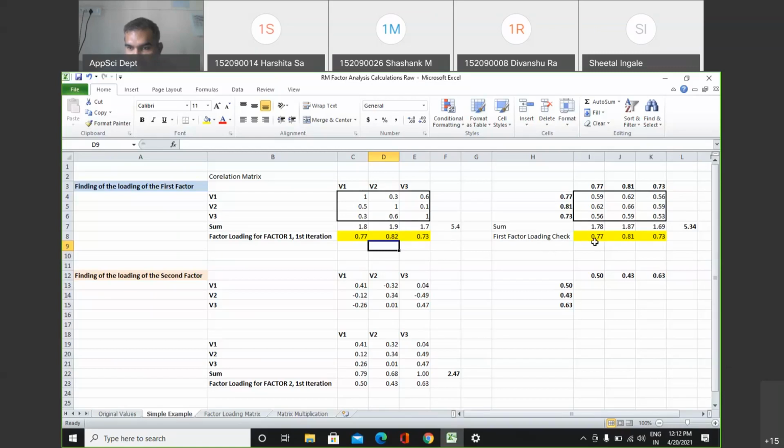Sir, how did we get the 0.81 in the second column? It is 1.87 divided by the square root of 5.34. Yes, that's what I am explaining. No, in the second column, column J, in the table above. Sir, cell number J3.